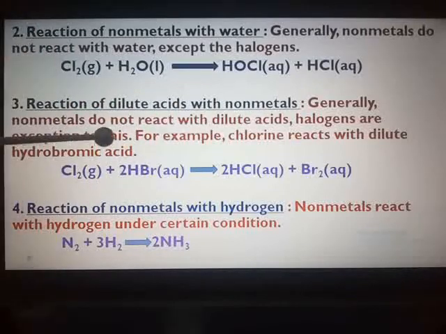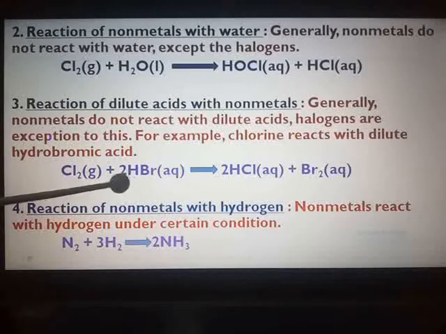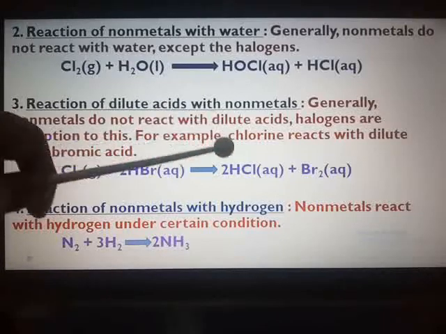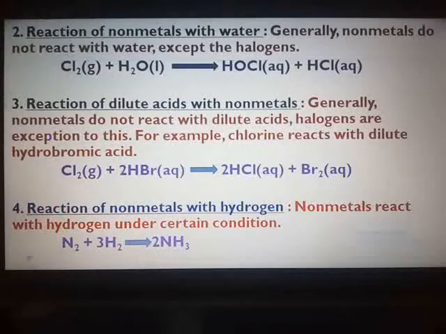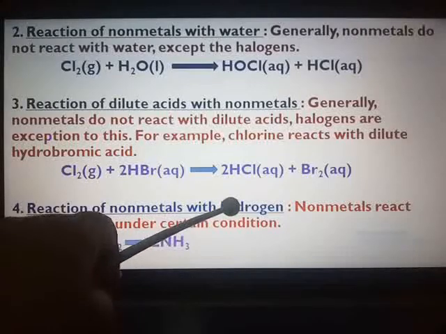Halogens are an exception to this, and you can see an example. Chlorine reacts with hydrobromic acid, that is HBr, forming HCl, that is hydrochloric acid, and bromine, Br2, both in the aqueous state.